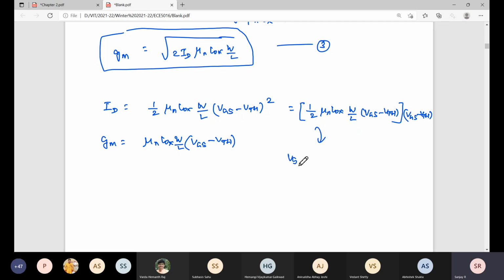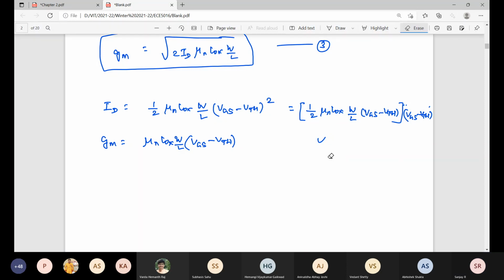So what is VGS minus VT? Anyone can answer? I want only this thing. So ID. Okay, I bring the 2 here.